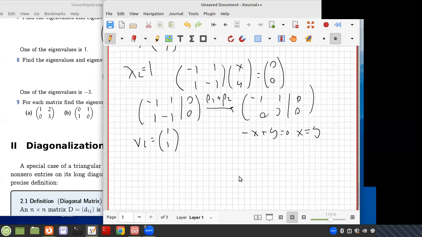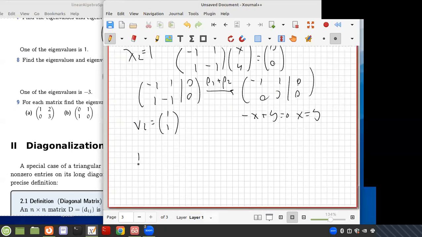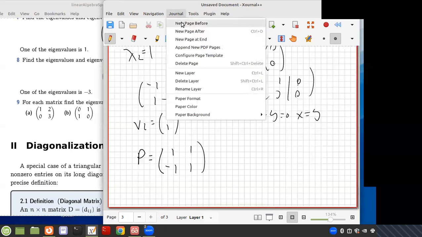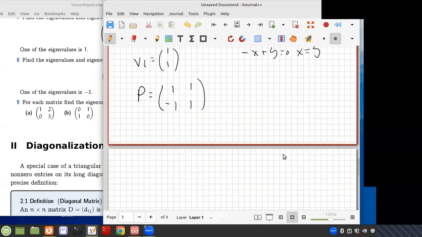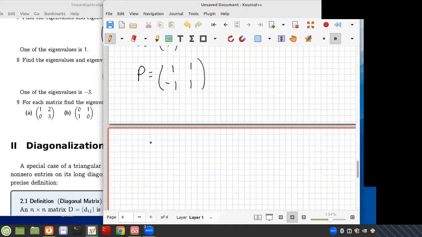Okay, so then we say P is equal to the matrix of the first eigenvector we chose, 1, minus 1, and the second one, 1, 1. Okay? And then we need to find P inverse. We can go ahead and do the giant augmented matrix method.